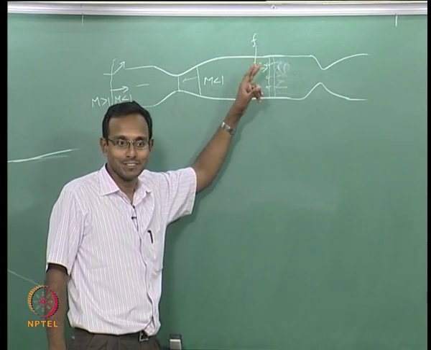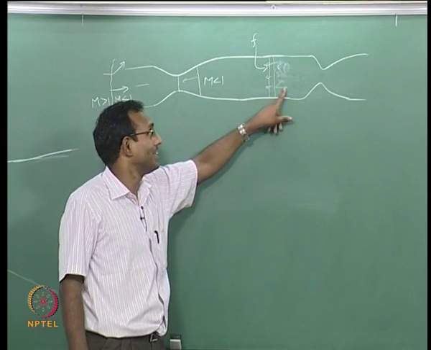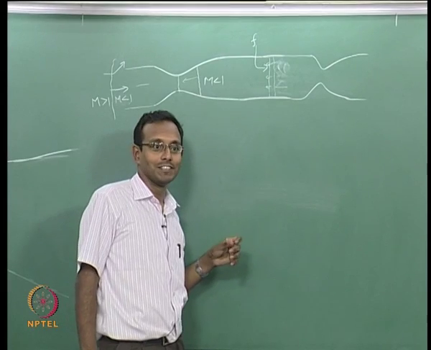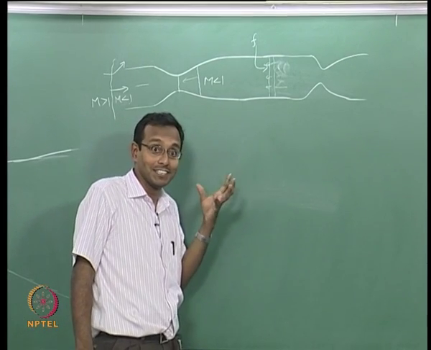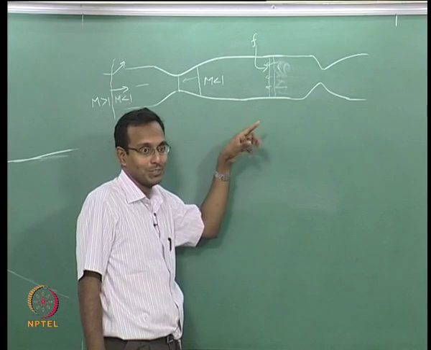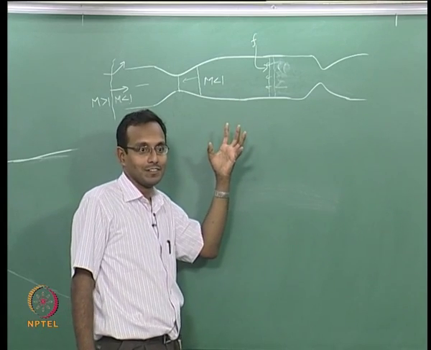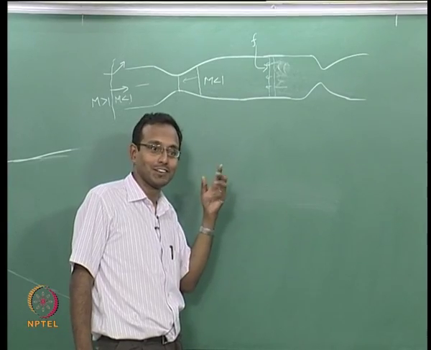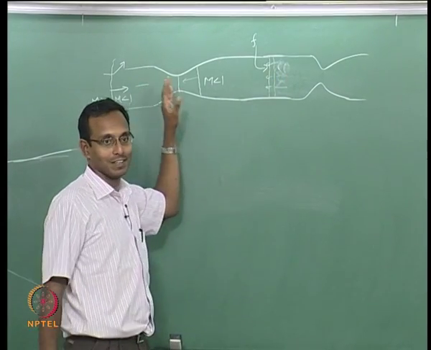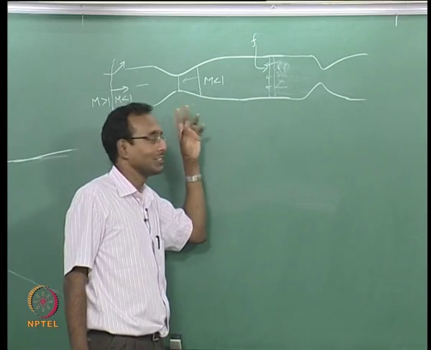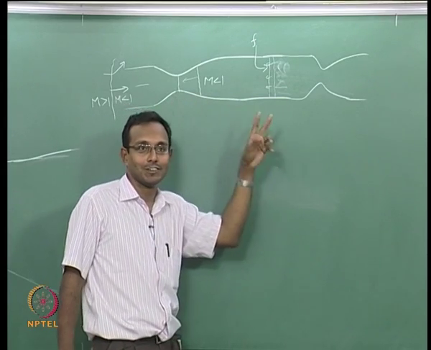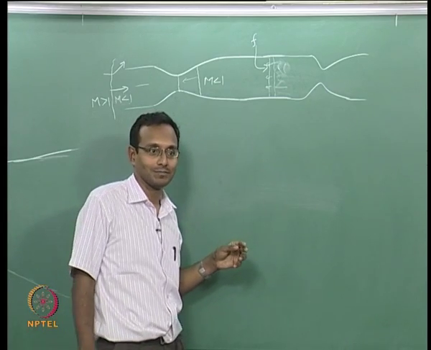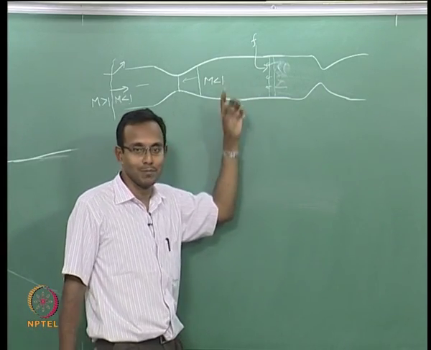If such a thing happens, then combustion heat release is going to be going up and down. If the heat release increases, we know it chokes better, so there is a pressure wave created. Heat release increase causes increase in pressure, which causes a wave to go up. That whole sequence causes a coupling and that causes acoustic instability, thermoacoustic instability they call it, because it is linked with the combustion also.